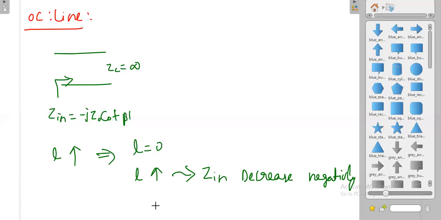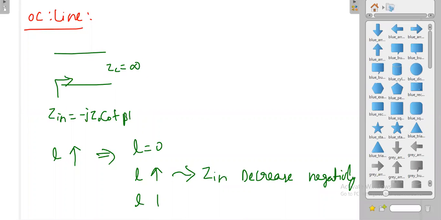Then what will happen when you move in the opposite direction? Once you move in the opposite direction, when you go from source to load, Zin increases negatively.